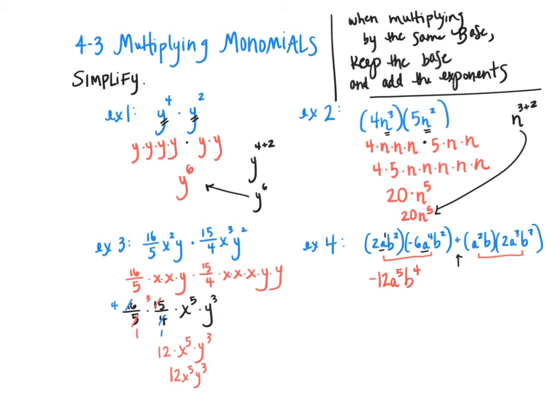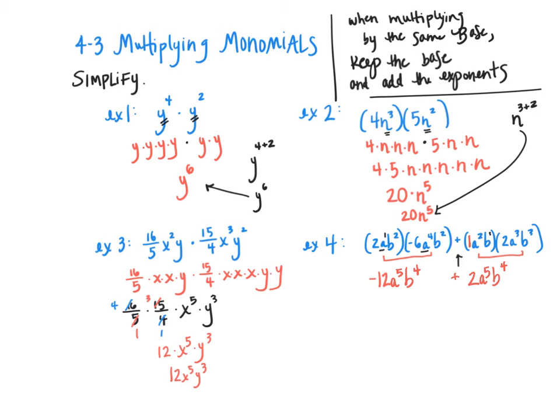Then I just am going to bring my addition sign down, and I'm going to do the same thing over here. Now, if you need to put the 1 as the coefficient, it's an understood 1, you can do that. So I'm going to get 2, it looks like a to the 5th, and then once again, this is b to the 1st power. So when I multiply those, I'm going to get b to the 4th.